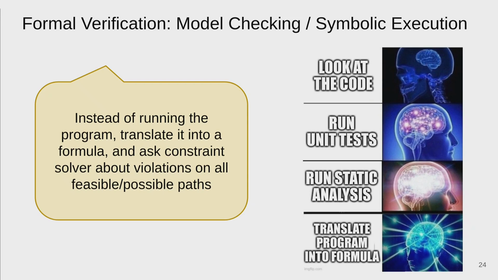Right? So instead of running the code, which was considered too expensive or too hard, the idea was, let's take the source code that we have, translate it into a mathematical formula, and then ask a constraint solver to reason about possible violations on all feasible paths. Right? And then the SMT solver or the constraint solver will tell us if this is actually correct or not.